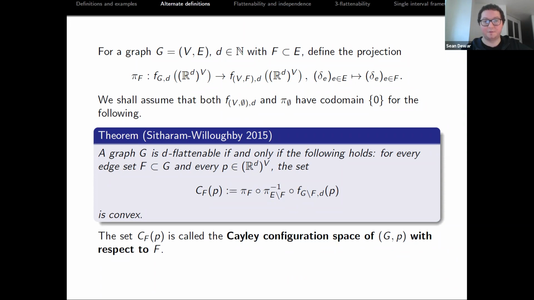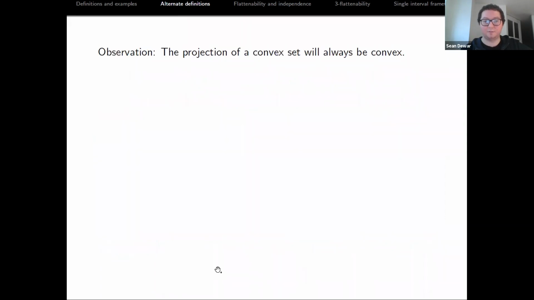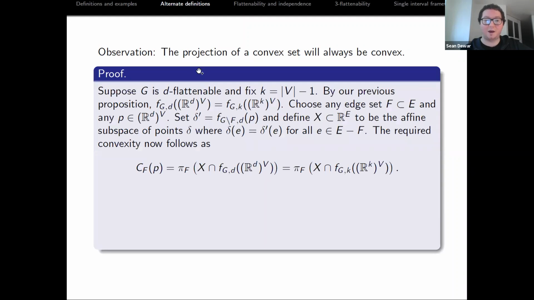Okay. So as I've said before, the projection of a convex set will always be convex. We're going to start with something that's deflattable, and we're just going to fix K to be equal to this. For previous reasons, we don't need to bother considering anything bigger or smaller.